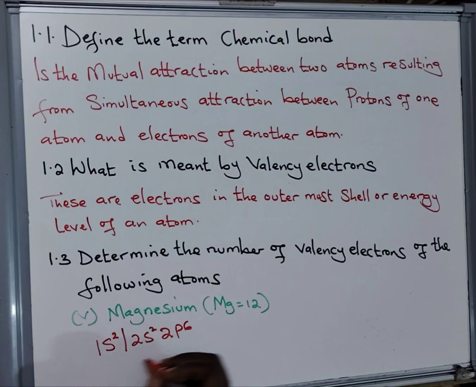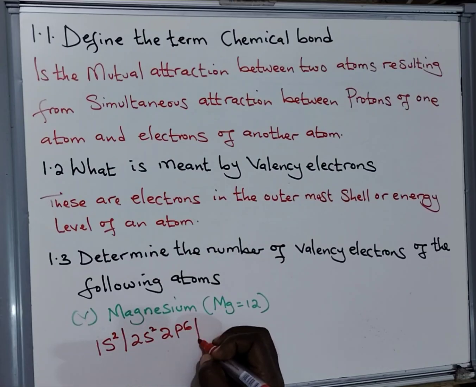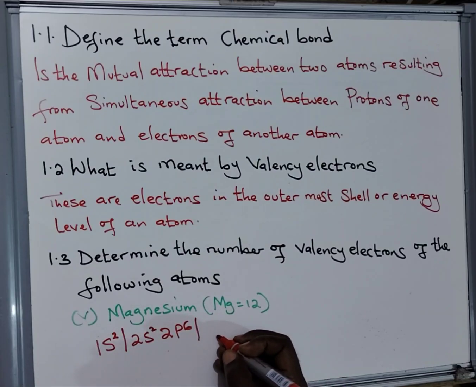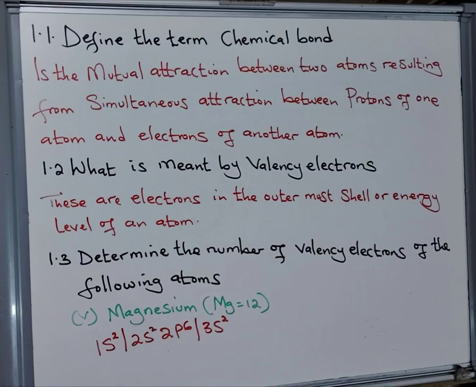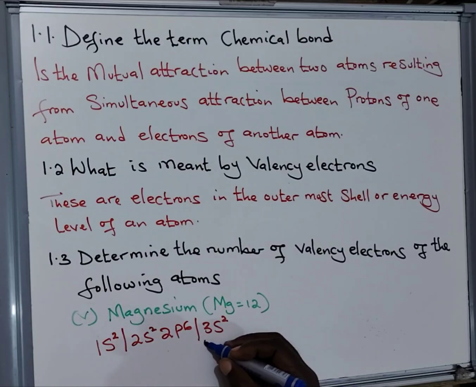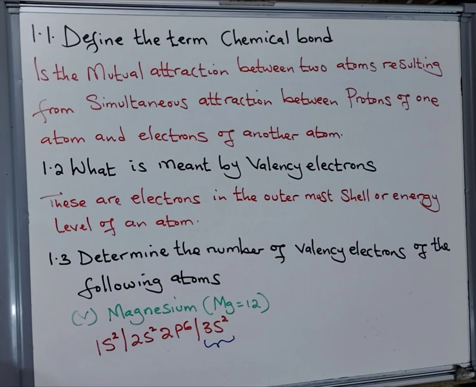If you do the count, these are already 10. We are remaining with how many? 2. So you write 3s and you put 2. Then you have to know that what you have here are the valence electrons, and magnesium has 2 valence electrons.